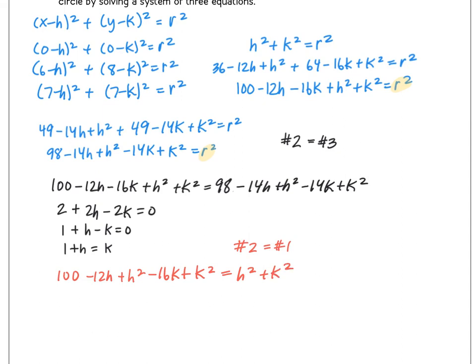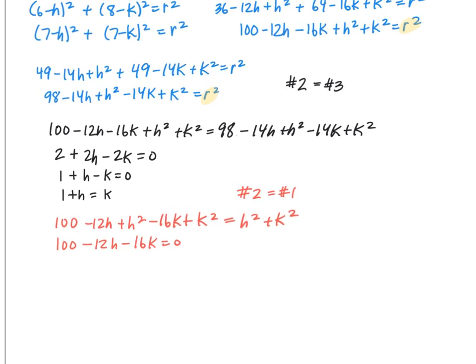The h squared and k squareds cancel out. So that leaves me with this. I could probably simplify that too, but I didn't on my other notes, so I'm going to leave it.